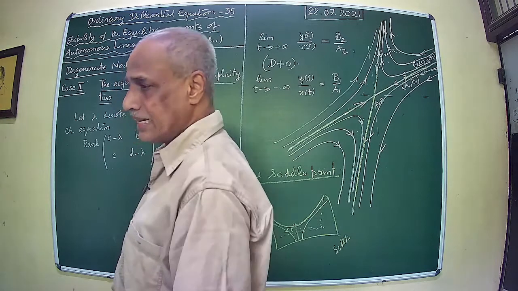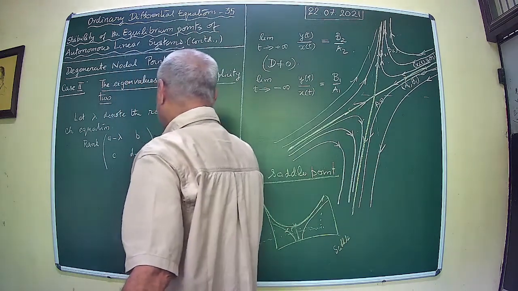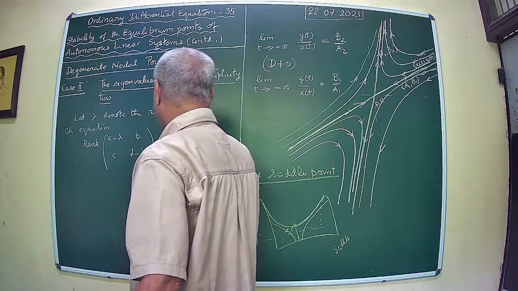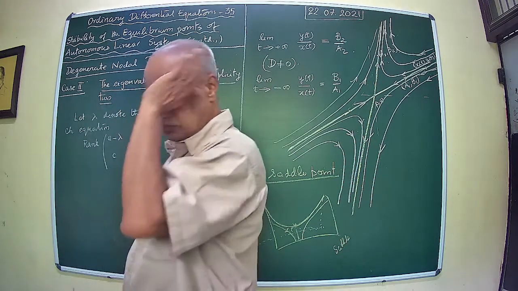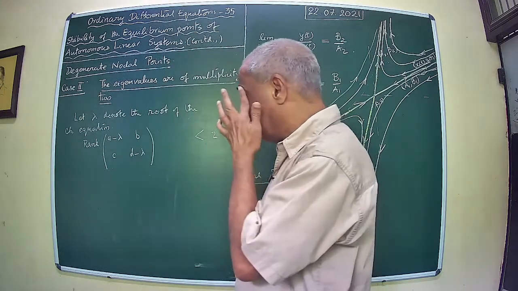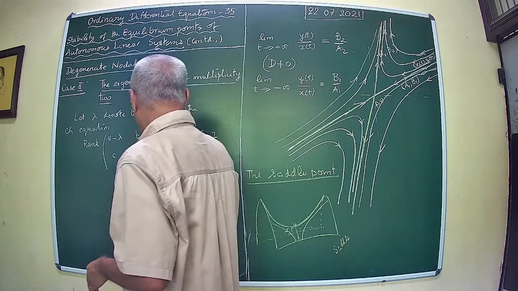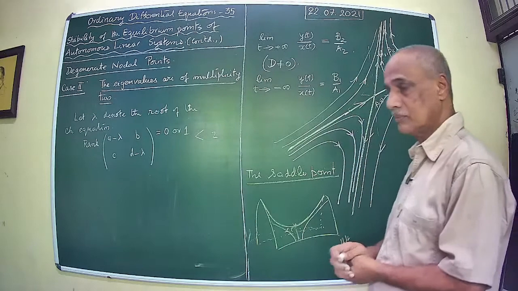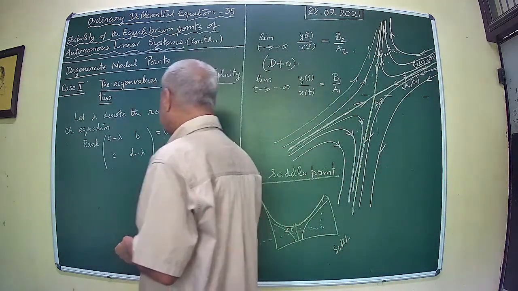And if that is the case, two things can happen. The dimension, or what you call the rank of this one, is certainly less than 2. So what are the possibilities? The possibilities are either this is equal to 0 or 1. Both the possibilities are there. Okay. What happens if it is 0?